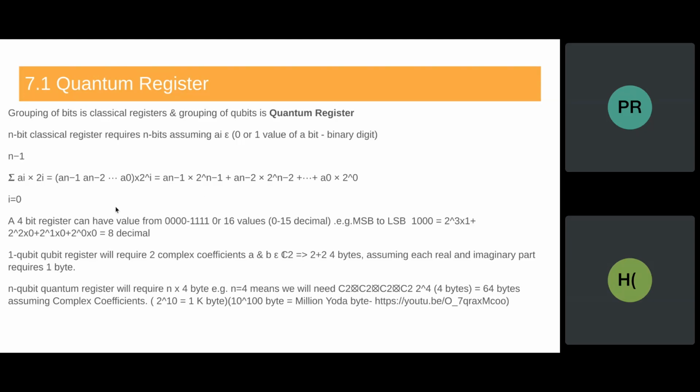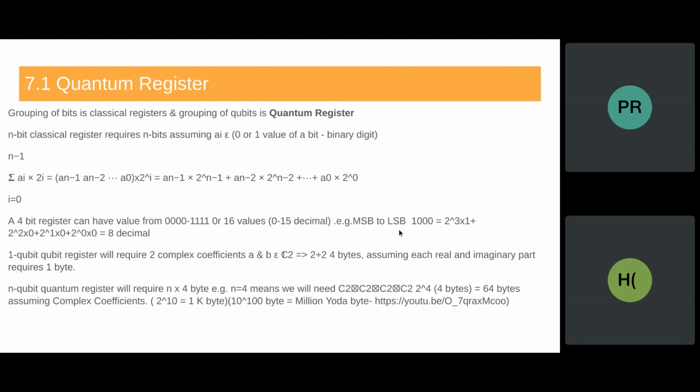So for example, for a 4-bit register, the values go from 0000 to 1111, which is 16 values, 0 to 15, and the MSB is the leftmost bit and the LSB the rightmost.